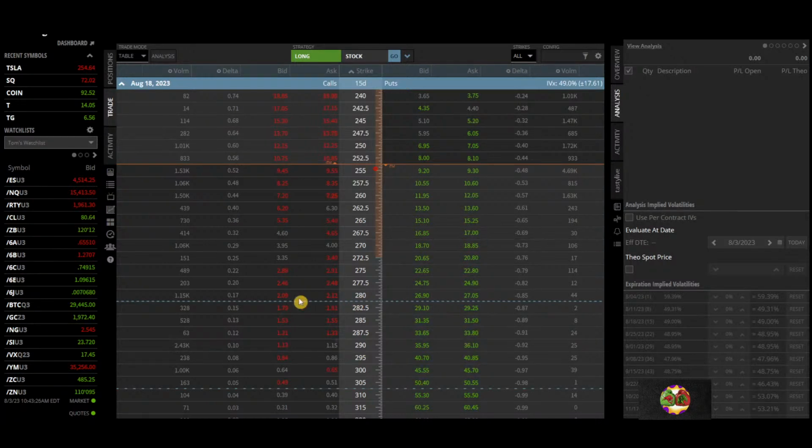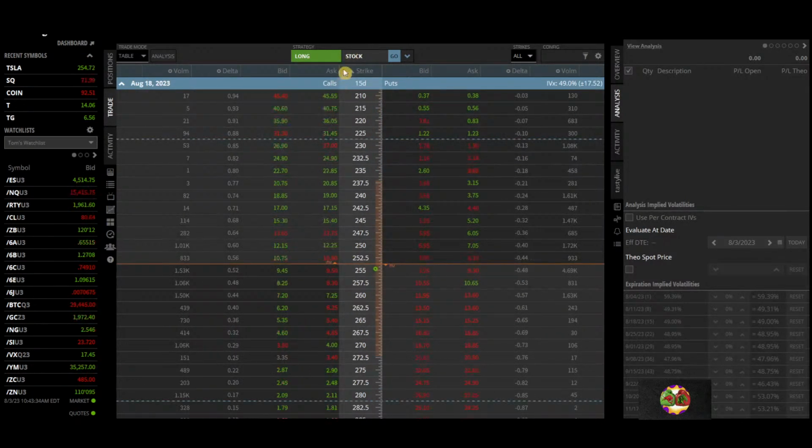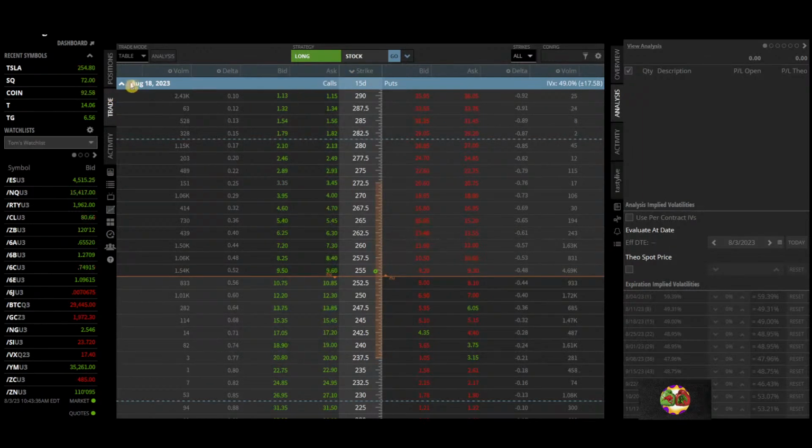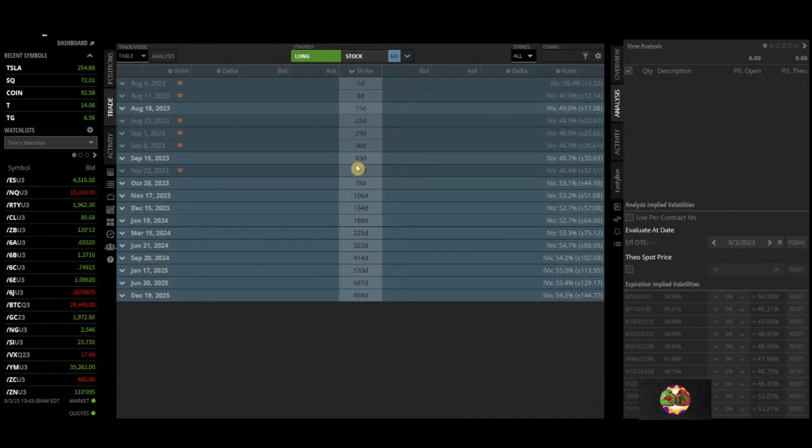See that? 2.10, 2.12, 2.9, 2.11, 78, 81. So nobody's making a market out there yet on Tesla 50 days out. That's weird. Why is nobody making a market on options 50 days out on Tesla? The closer you go, obviously, the more liquidity there is.